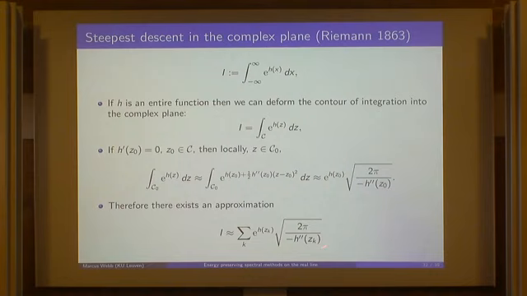So what it's saying is that you can approximate this integral using only values of h and h double prime at a discrete set of points in the complex plane, zk.